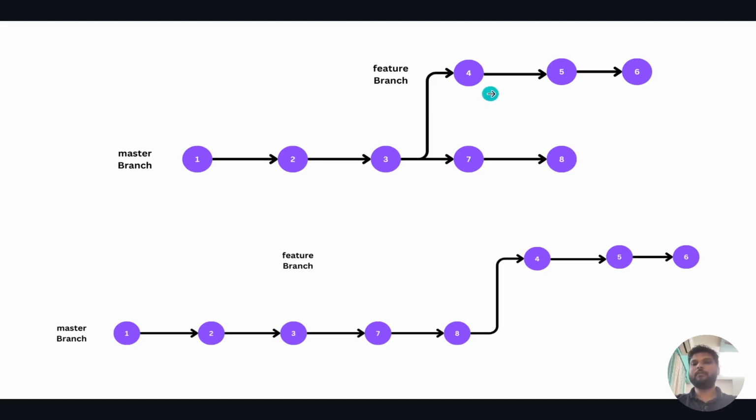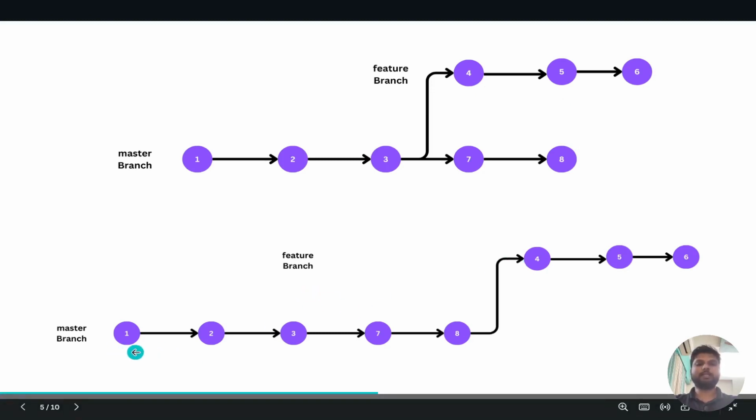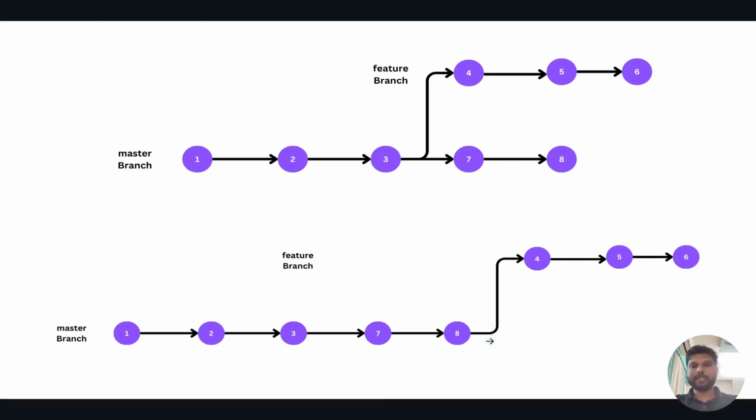So commits 4, 5, 6 will be applied on top of 8, and your new git commit history looks like this: you have 1, 2, 3, 7, 8, the master which was there, and your changes on top of that new master. So rebasing is the operation in which we change the base of the feature branch to the latest master. Hope you are clear with the rebasing operation.